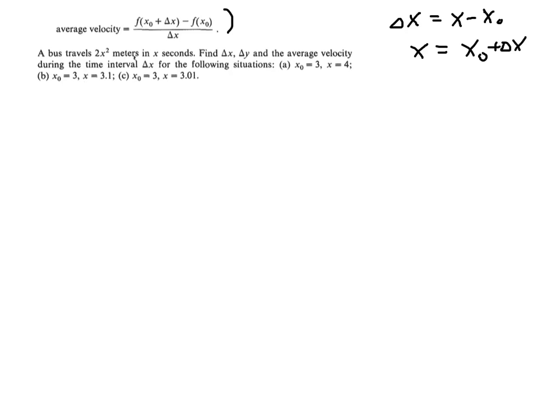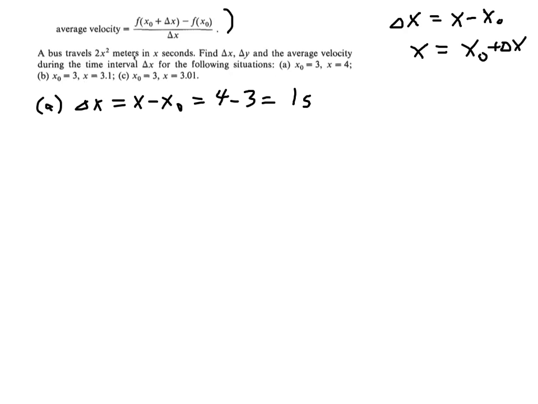So let's continue this by calculating the average velocity over a few different time intervals. In the first situation, x naught is going to be 3 seconds and x is going to be 4 seconds. So the amount of time elapsed is delta x, which is x minus x naught, which is 1 second.